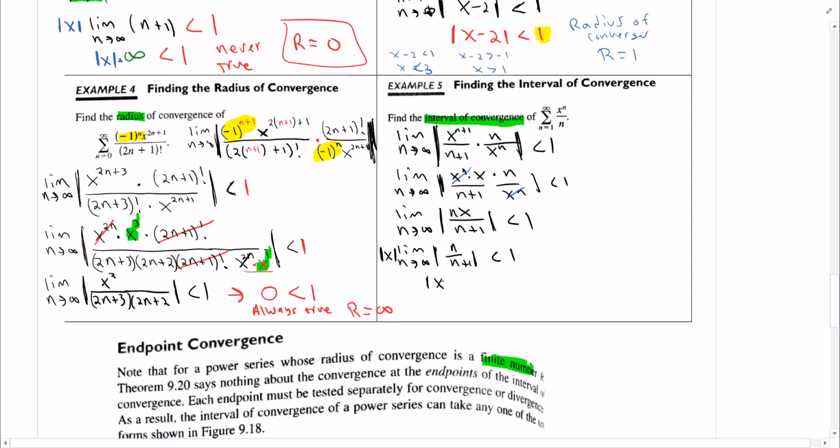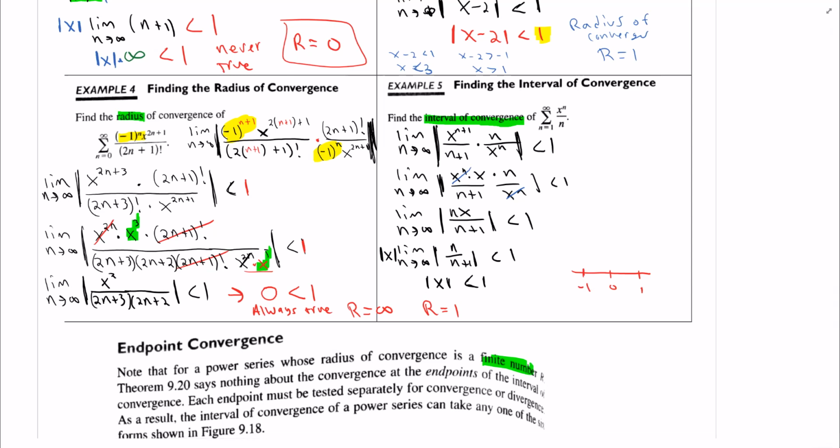So basically we have the absolute value of x times 1, which is the absolute value of x, is less than 1. So again, our radius of convergence is 1. If we drew this on a number line, the center is 0 because there's nothing here, and our solutions would be all the way up to 1 and negative 1. The radius is 1 in the direction to the right, 1 in the direction to the left.